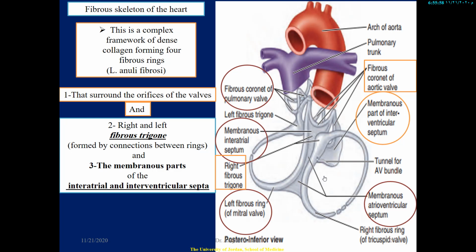We will talk about them, but mainly it gives the framework for the valves, the rings of the valves. Also, it contributes to the separation of the ventricles and the atria.